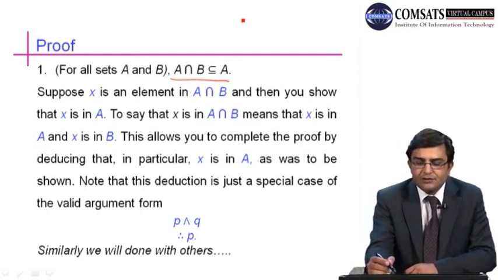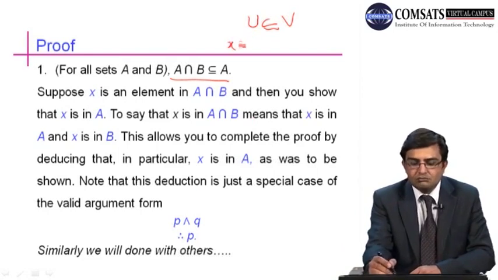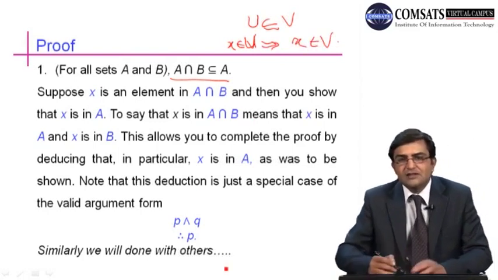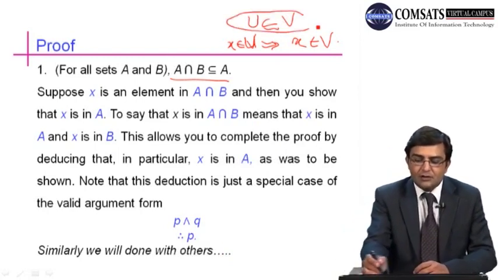For example, if we have two sets U and V, and we have to prove U is a subset of V, then we have to prove that every element of U belongs to V also.